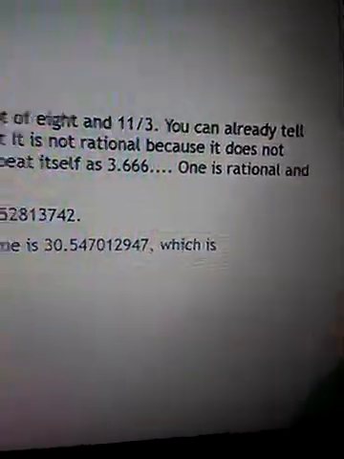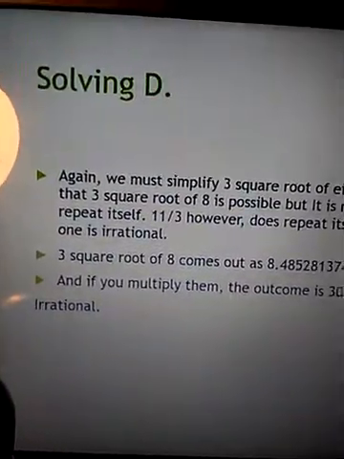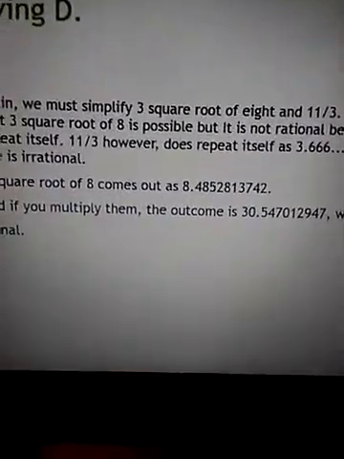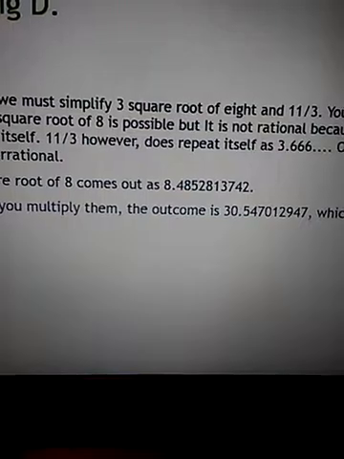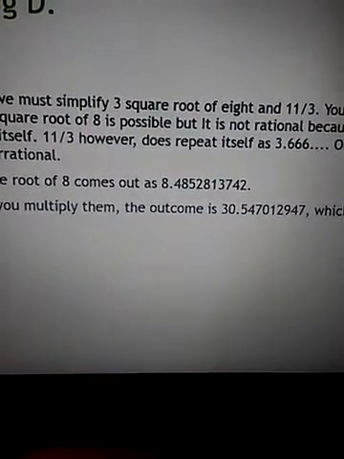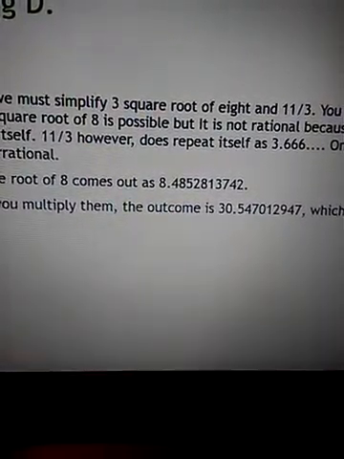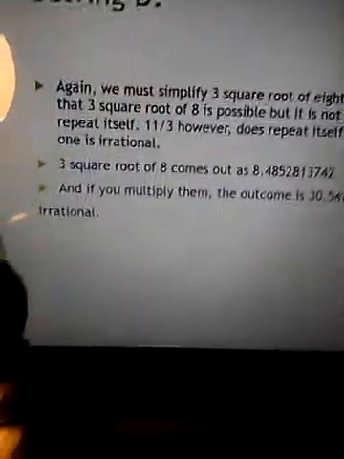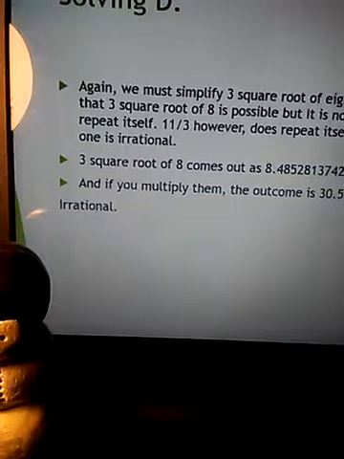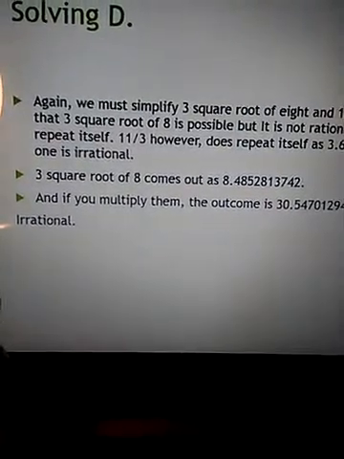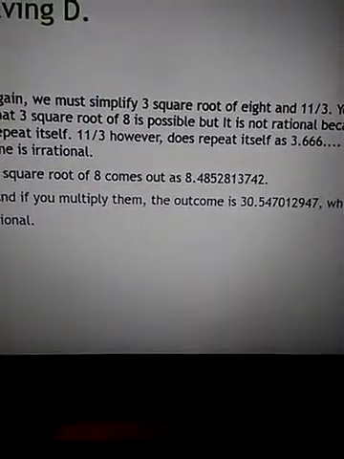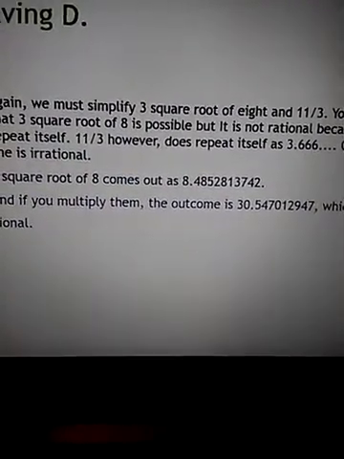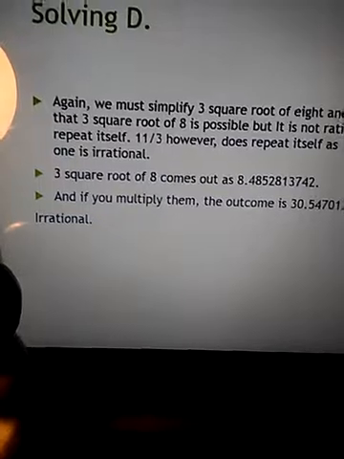One is rational and one is irrational. 3 square root of 8 becomes 8.4852813742, which is irrational. And if you multiply them, the outcome is 30.547012947, which is irrational.